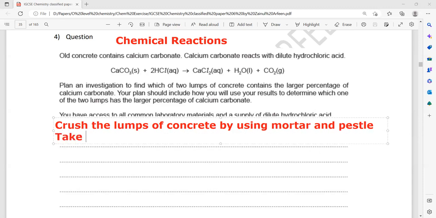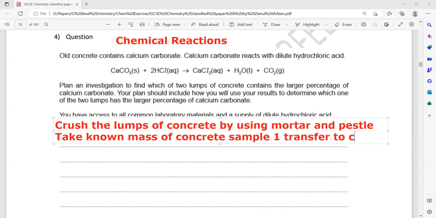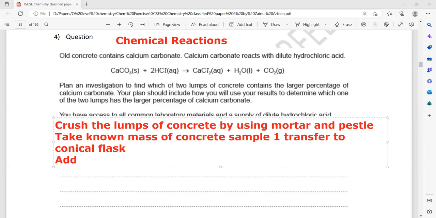Then we take a known mass of concrete, sample A or sample 1, measure the mass by balance and then transfer it into a conical flask. After transferring that into the conical flask, we add excess hydrochloric acid.